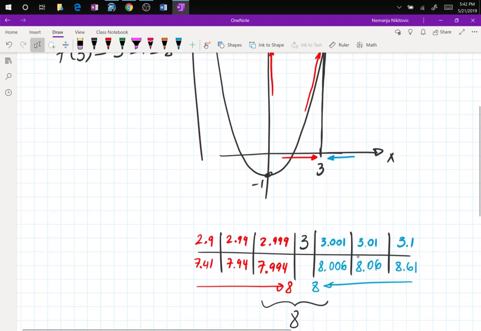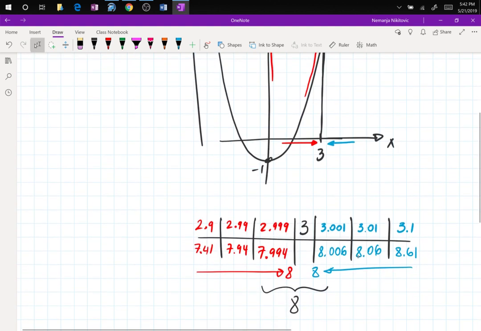Now look what calculus did, what limits did. Limits calculated everywhere except at 3. You can pick any values you want. How many numbers do you have between 2.99 and 3? Infinitely many. So limits compute infinitely many numbers on the left, infinitely many numbers on the right, and then they say, oh, this is the trend, it's 8.